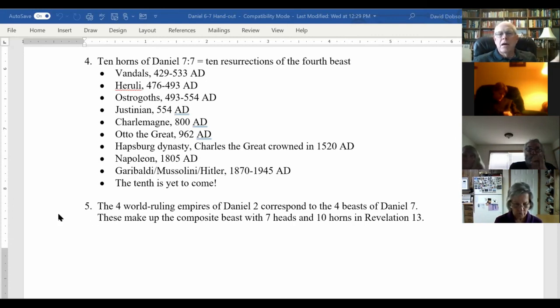These go together to make up this composite beast spoken of in Revelation 17, from out of the sea, this beast with 7 heads and 10 horns. But that's a story for another time. Let me pull up something else here that I have.